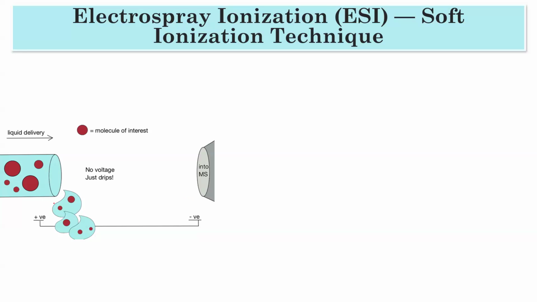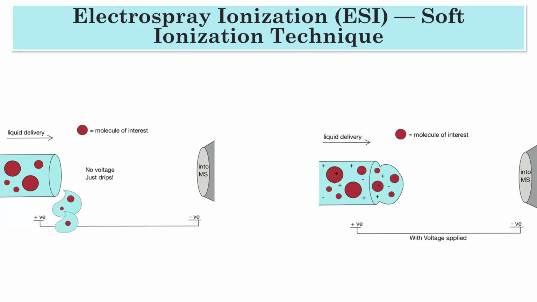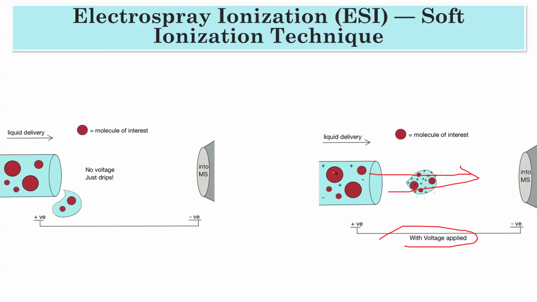Here I'm showing you an example. Suppose you have a micro needle and you are putting your solvent inside, and you didn't apply any voltage. Then this solvent will just fall. Here we have applied the voltage, so the analyte with solvent is moving.